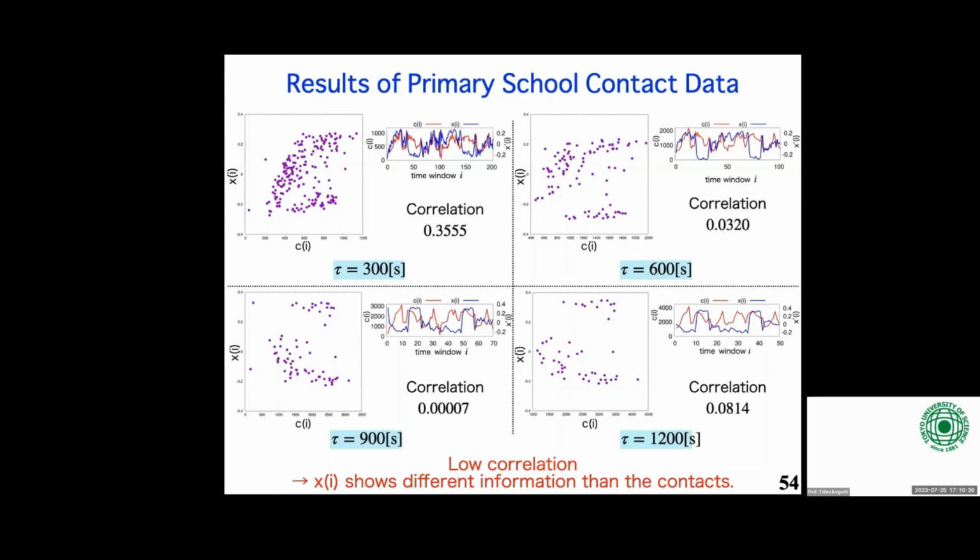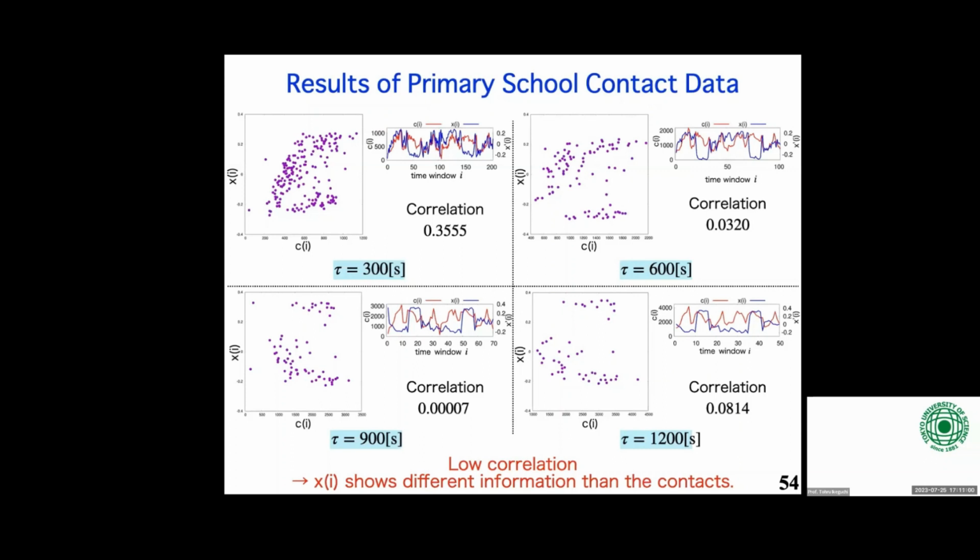From these figures, we can see that the correlation between the time series of the number of contacts and the time series obtained from CMDS is very low. For example, in the case of tau equals 900, the correlation is almost zero.